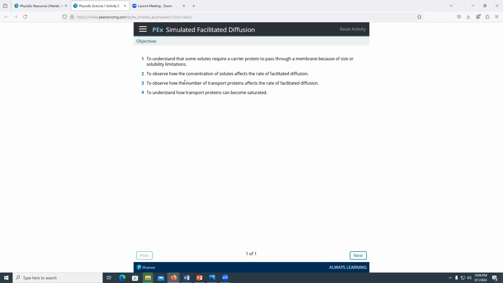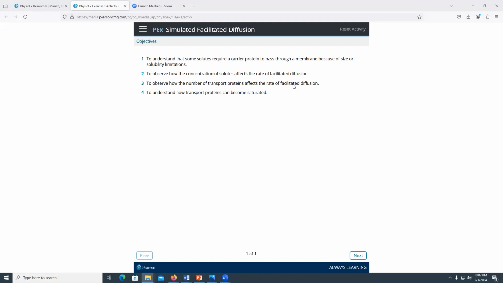We are going to observe how the concentration of the solutes affects the rate of facilitated diffusion, and how the number of transport proteins affects that rate. Obviously, the higher the concentration, the more quantity of solutes, which increases the rate of facilitated diffusion.